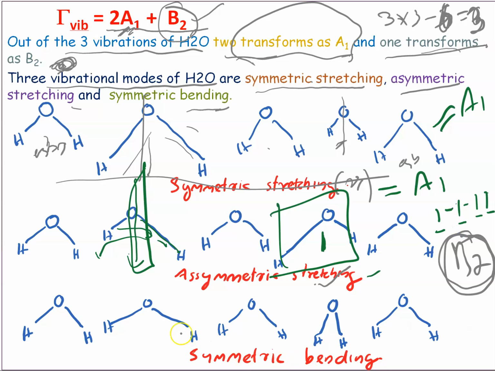In the case of symmetric bending, all are symmetrical. Therefore, all the orientations will remain the same. These characters will be 1, 1, 1, 1. Therefore, it is also A1 representation. So, symmetric stretching is A1. Symmetric bending is also A1 symmetry. And asymmetric stretching has B2 symmetry.